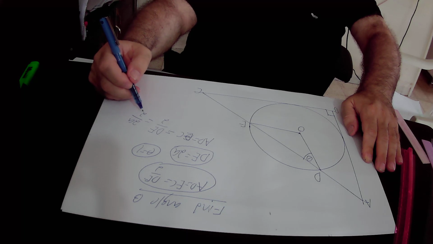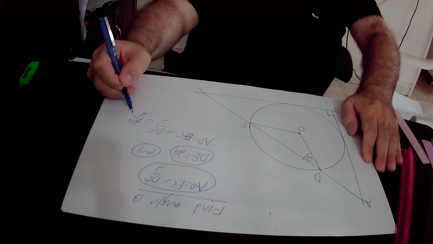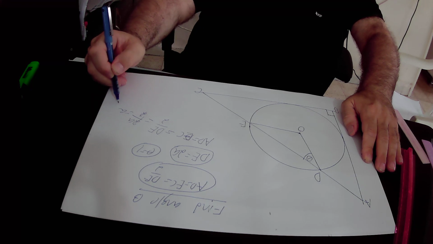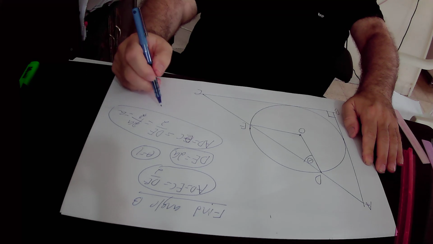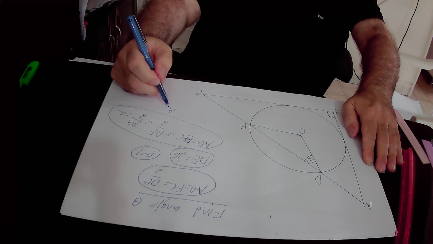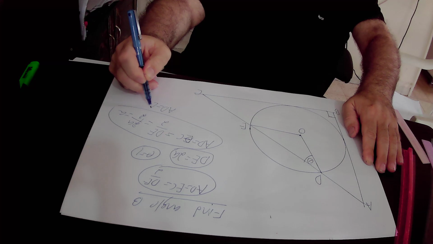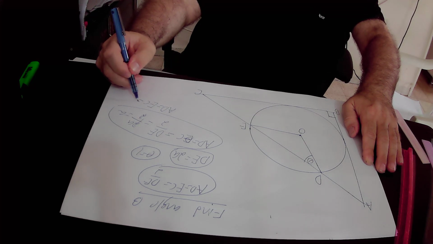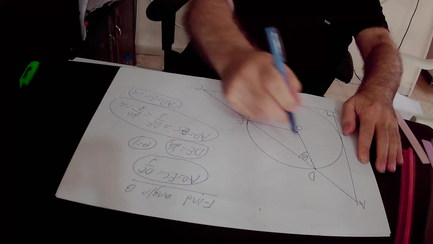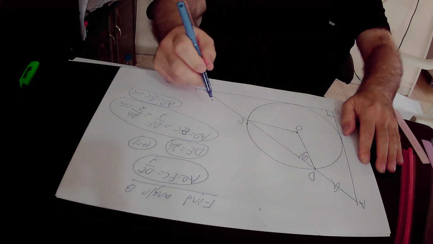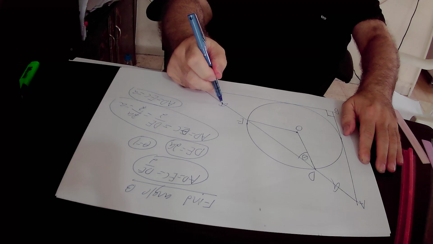We have 2 in the numerator and 2 in the denominator, so 2 will get cancelled, and we are left only with A. So from this long equation, we derive that AD is equal to EC that is equal to A. That is to say, AD equals A and EC also equals A.